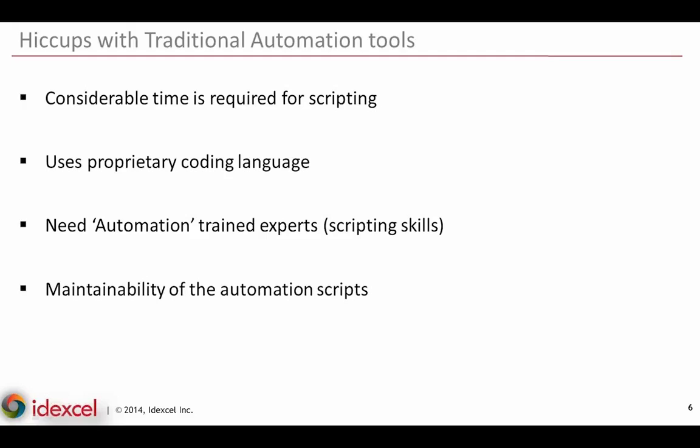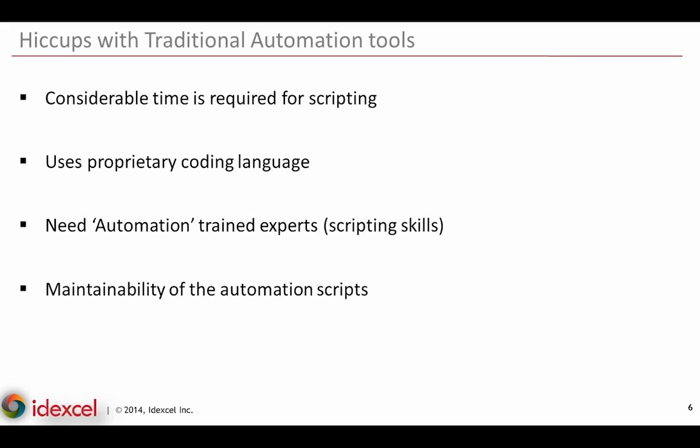Most of those automation tools use a proprietary coding language. You might have to learn VB or Java or something like that, the proprietary language that the tool providers give, to be able to do any automation with that tool. So in essence, you need automation experts or trained experts to do the automation.